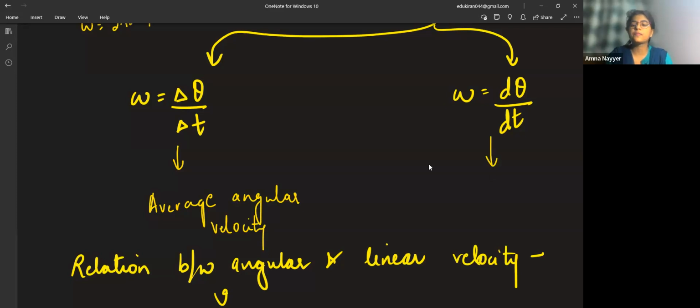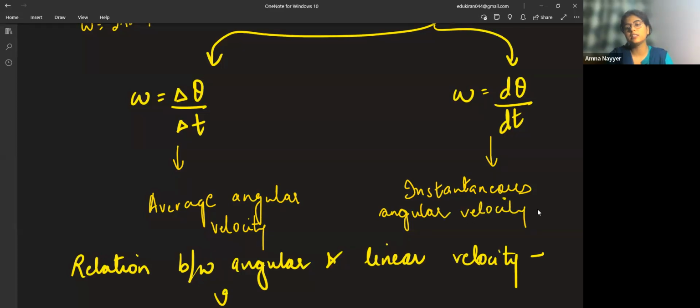And when you have to find it at a particular exact time instance, then we differentiate it. So this becomes instantaneous angular velocity.